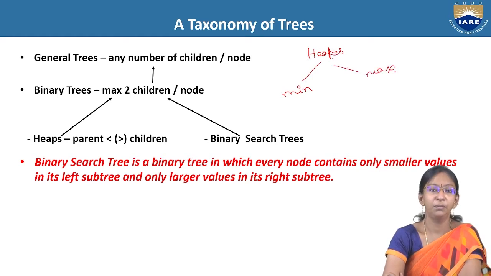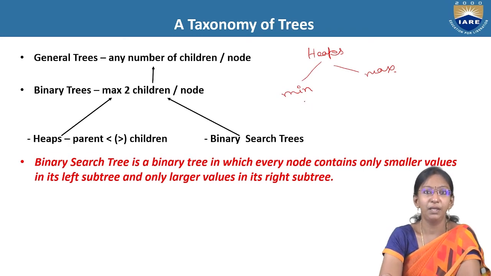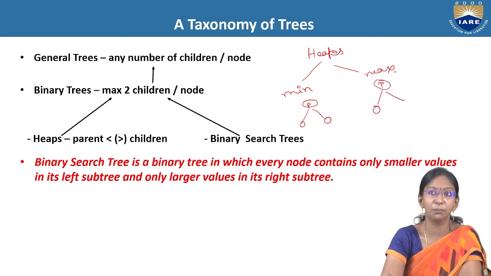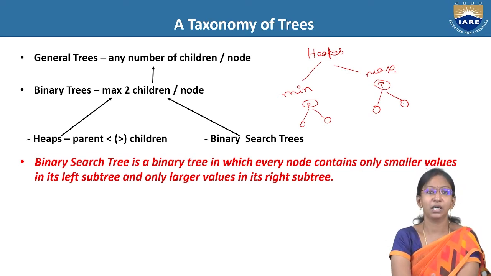Then what do you mean by a minimum heap? A minimum heap is a heap tree where the parent value is minimum when compared to its children. Max heap is a heap where the parent value is maximum when compared to its children. Heaps do not tell us any relation between the content present in the children.